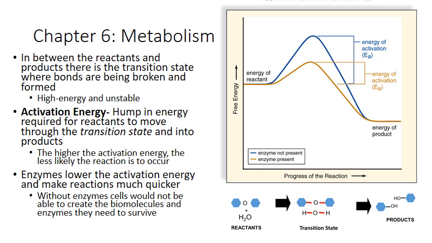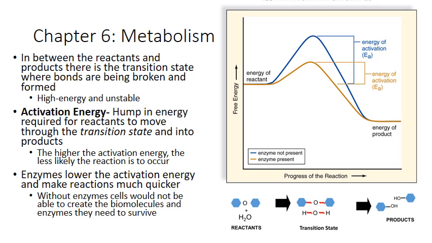This is an intermediate state between the reactants and the products that has a lot of energy. That's why this measure of free energy on the y-axis goes up as we go into the transition state. The amount of energy associated with the transition state is called the activation energy. For a reaction to occur, you have to get over this activation energy to get to the products from the reactants.